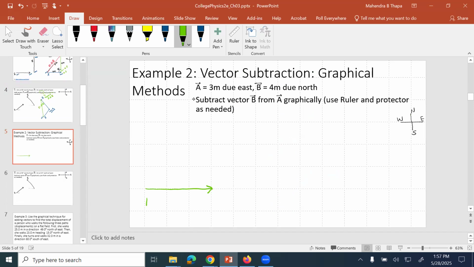The vector A. And vector B is 4 meter due north. Okay, this is 4 meter due north.